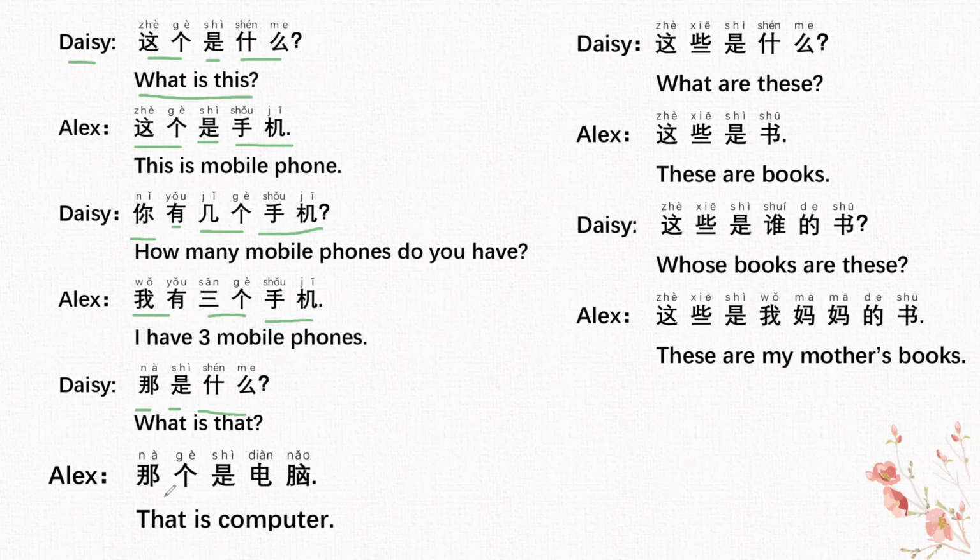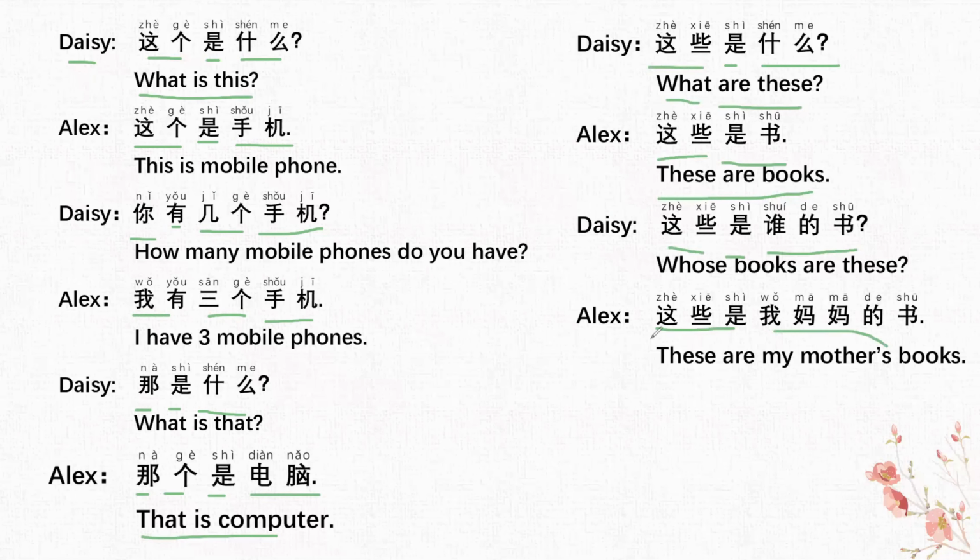What's that? 那个是电脑. That is a computer. 这些是什么? What are those? 这些是书. Those are books. 这些是谁的书? Whose books are those? 这些是我妈妈的书. Those are my mother's books.